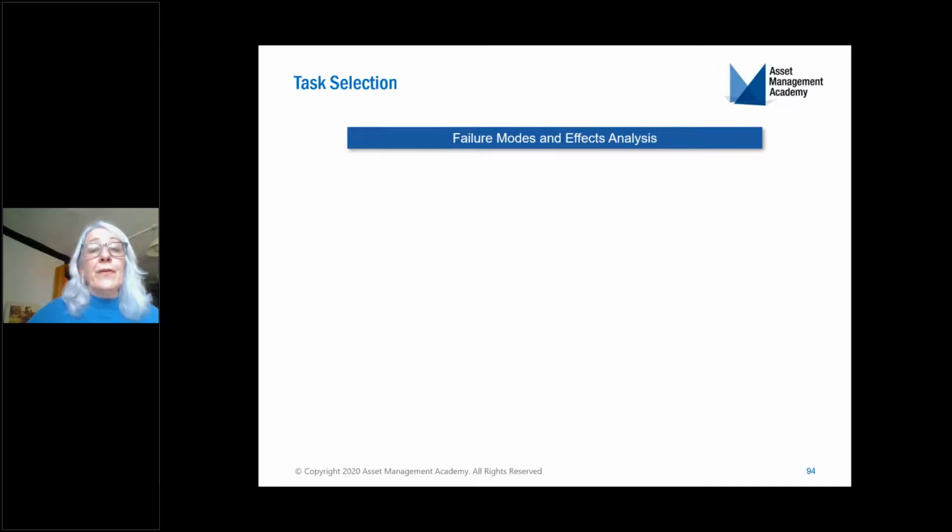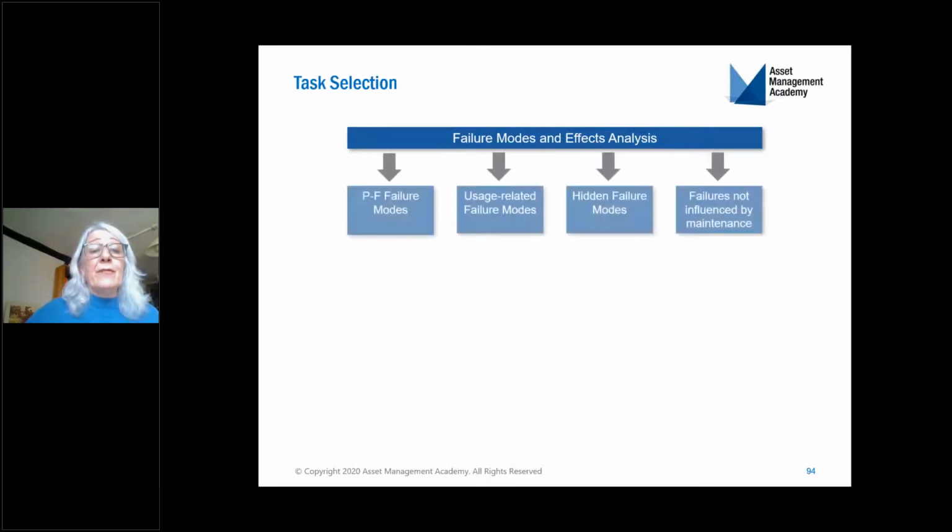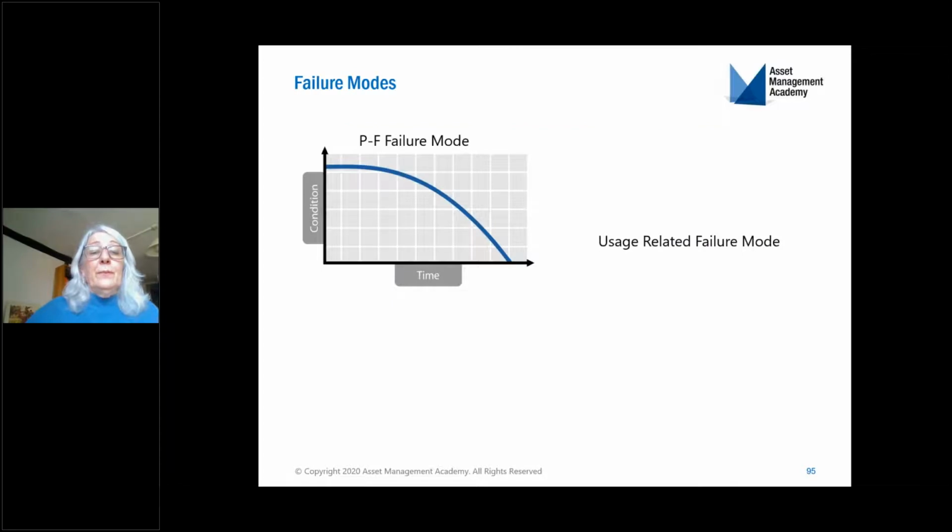And in the world of RCM, reliability-centered maintenance, on the whole, we identify 4 categories of ways things can fail. And you may not have come across these terms, but you may be familiar with them by a different name. So the first 2 are PF failure modes and usage-related failure modes. PF failure mode is very straightforward.